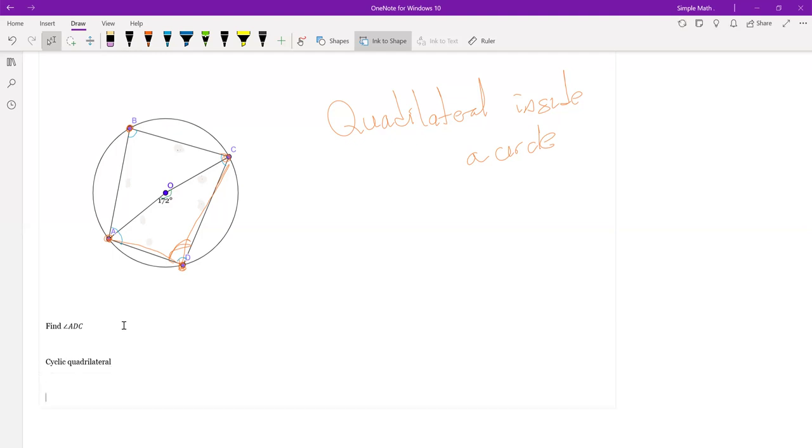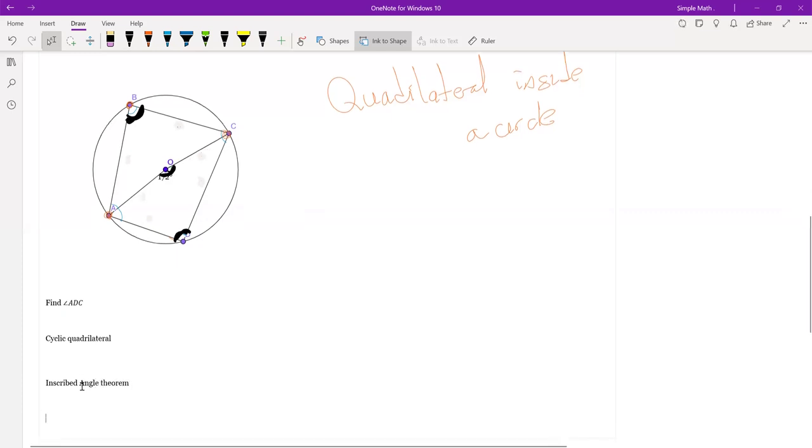Okay. Now for us to find this angle here, we need to find this angle here. And how do we do that? We're going to use the inscribed angle theorem first.